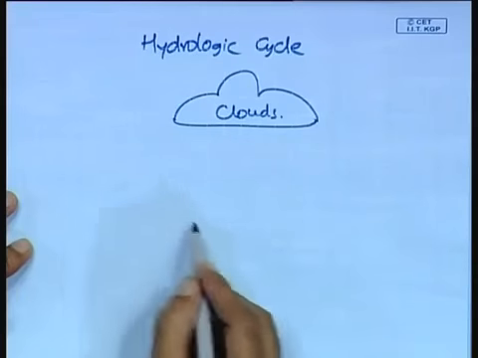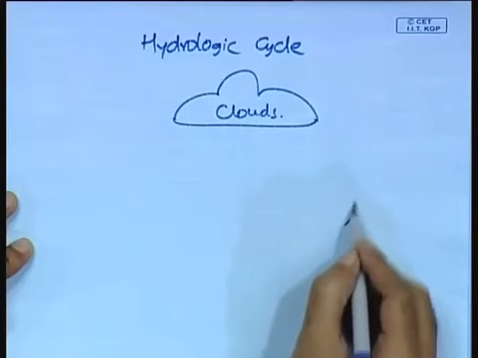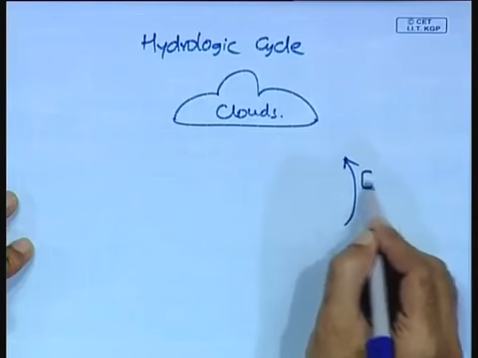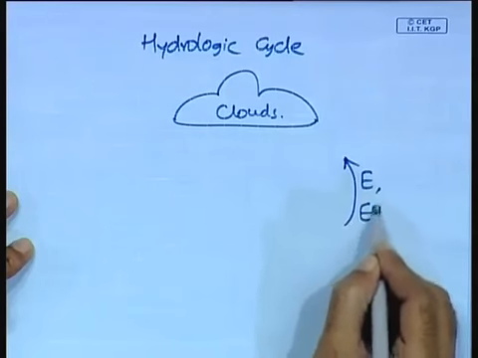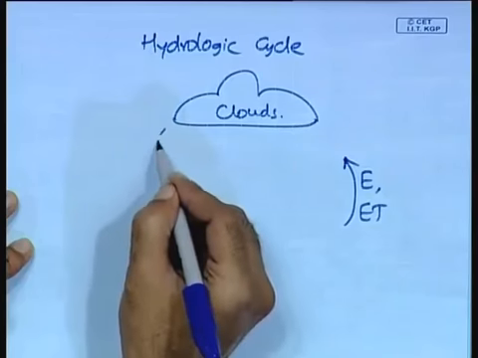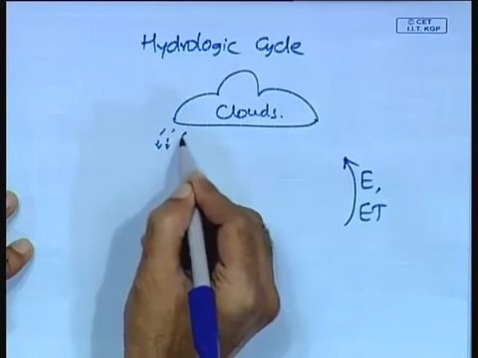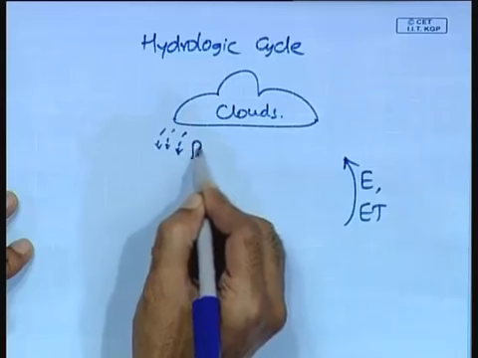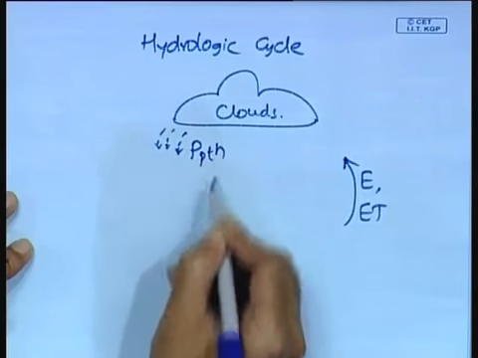Here there is evaporation and evapotranspiration, and here this is precipitation.